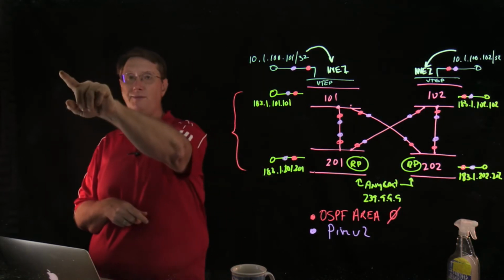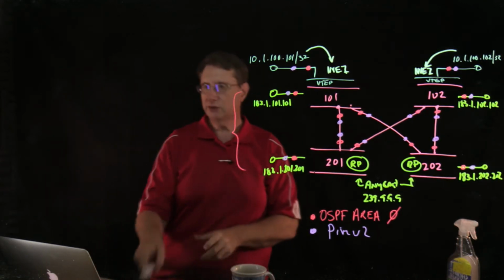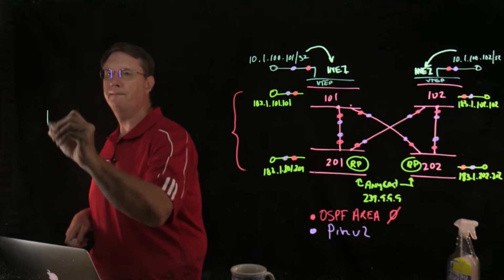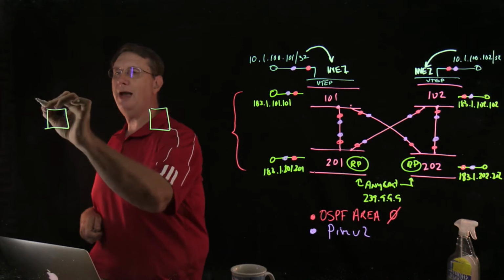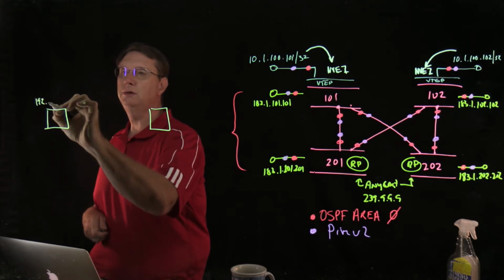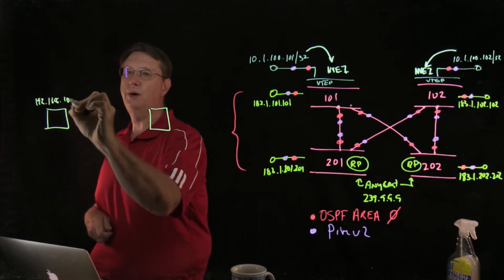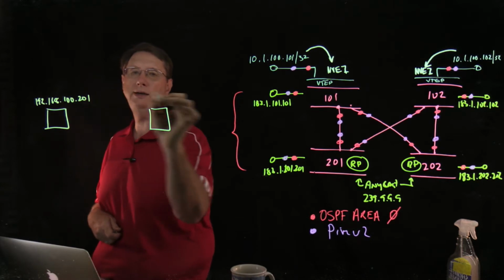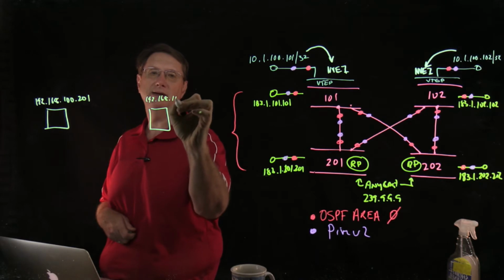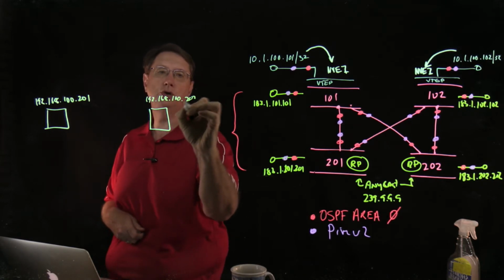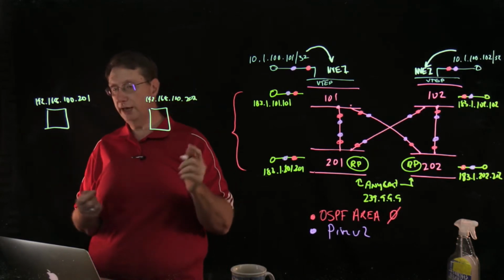Traffic is traveling from the host. In fact, let's illustrate it. I have host 1 that needs to talk to host 2. I gave them IP addresses of 192.168.100.201 and 192.168.100.202. They're all /24s.